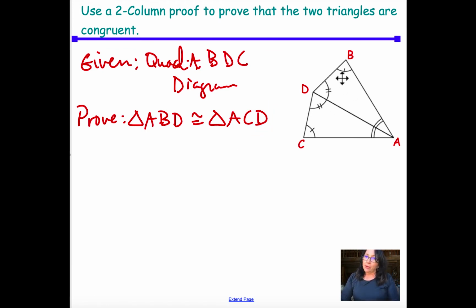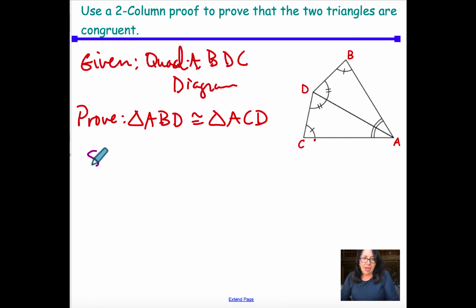For me to prove that this right triangle here is congruent to this triangle on the left, I have to have, again, one of those things. I need side, side, side, side, angle, side, hypotenuse, leg. It's not going to be hypotenuse, leg because none of these are right angles.